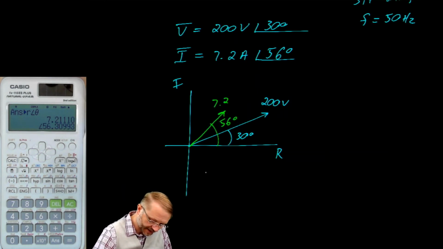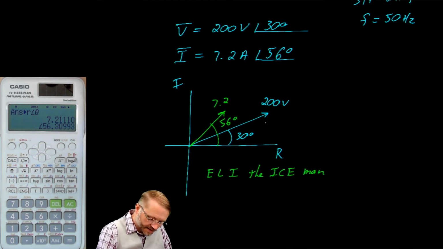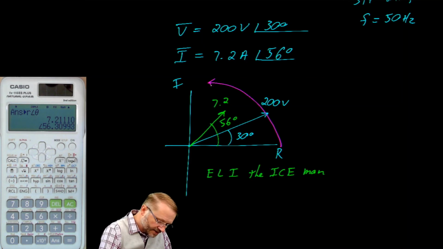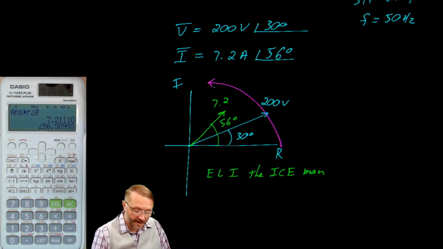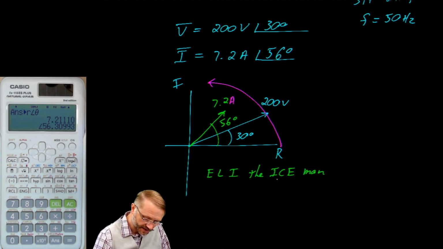And we can do that with the help of ELI the ICE man. And given the fact that these phasors rotate in this direction, we see that the current, the 7.2 amps, is ahead of the voltage. So current leading voltage means that this is a capacitive circuit.